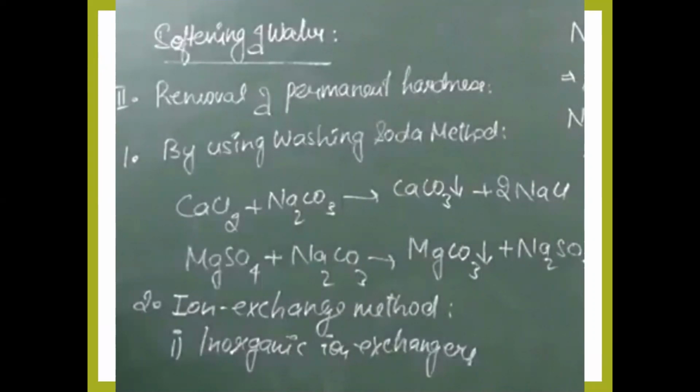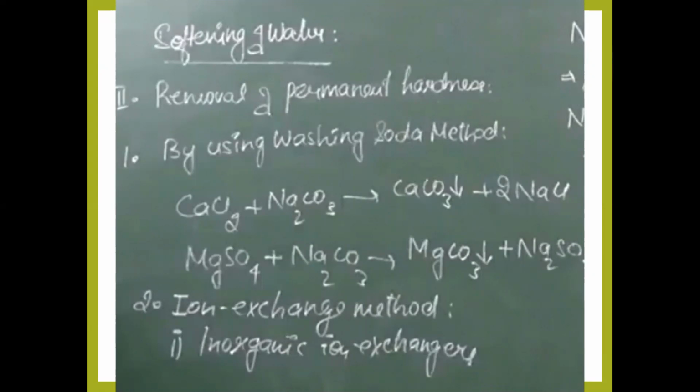The exact formula of washing soda is Na2CO3.10H2O, but here we will write only Na2CO3, because here we are taking water which is already in liquid form. When we add sodium carbonate to calcium chloride or magnesium sulfate, it converts into calcium carbonate or magnesium carbonate.